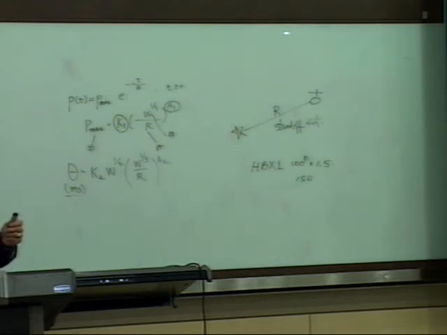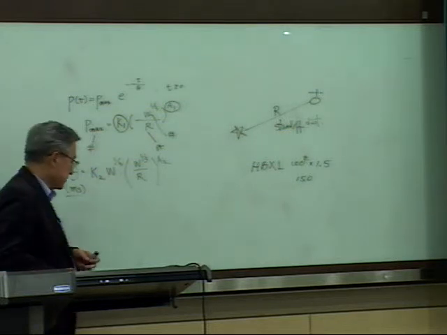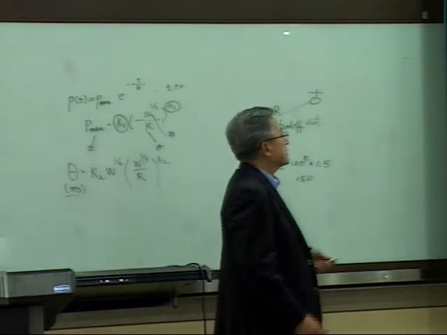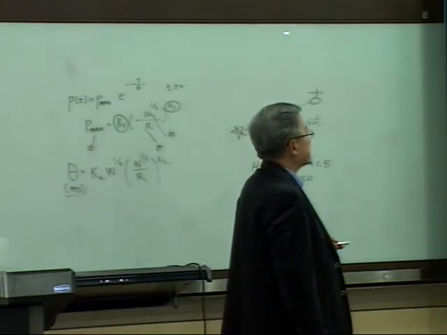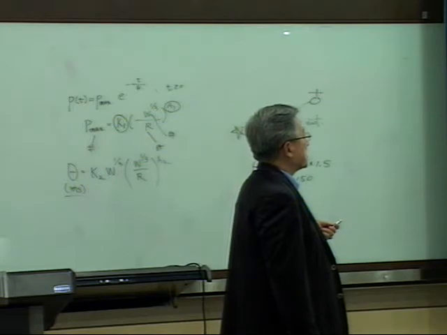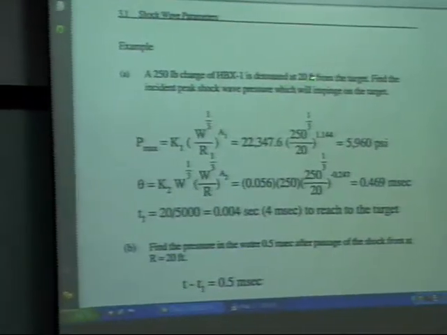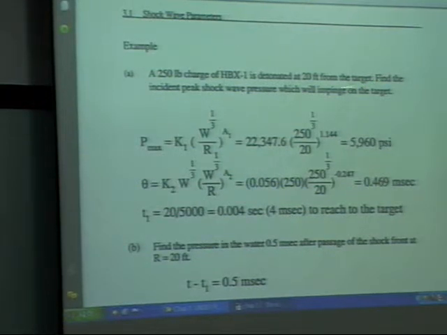They really experimented, then conducted a statistical analysis. To get the feel here, this is a 250 pound charge of HBX1 and is detonated at 20 feet from the target.